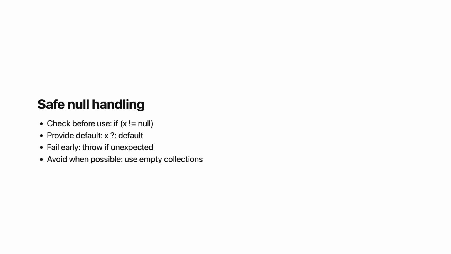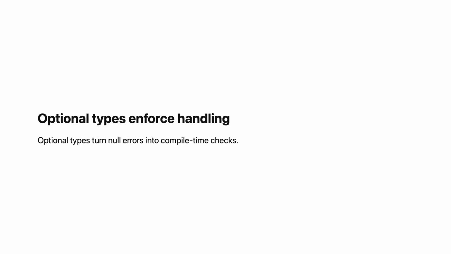Many modern languages have optional types. An optional type explicitly says this might be absent. Instead of string that might secretly be null, you have optional of string. The type itself declares the possibility of absence. When you have an optional, you cannot use it directly. You must first check if a value is present. The type system enforces this.